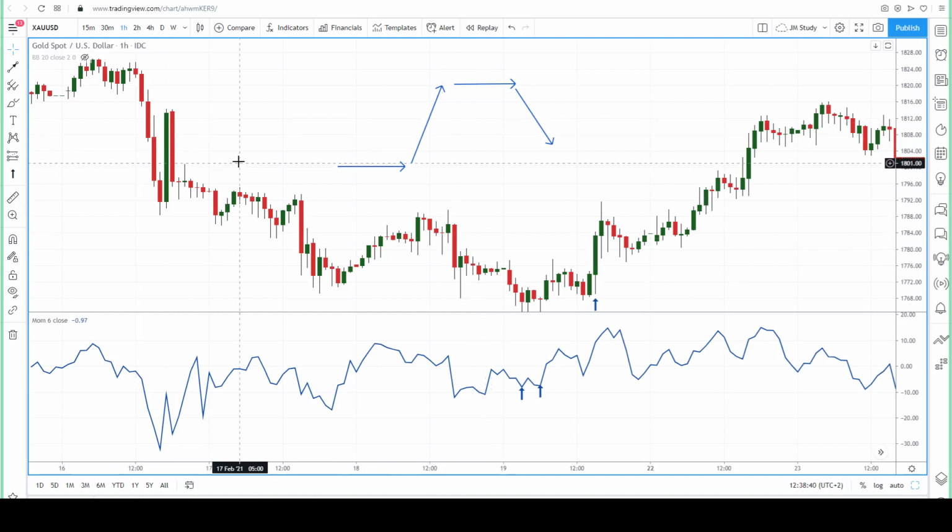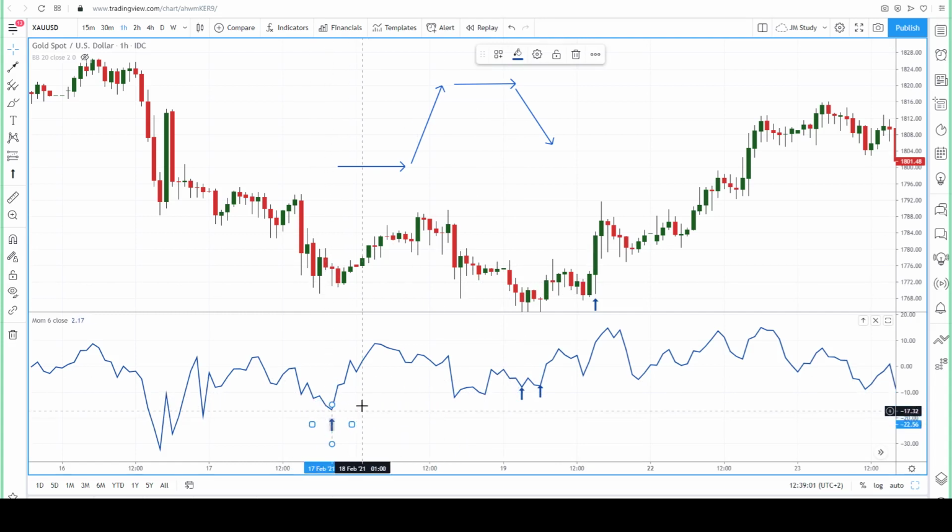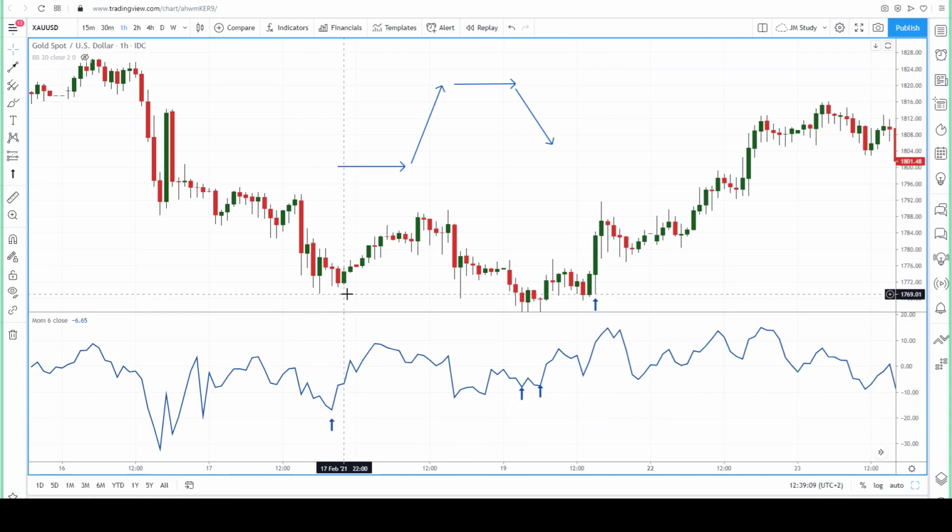So let's see. At this point, we definitely have a higher low in the indicator than we have here, and the market has been moving lower for some time. So as per this approach, we have an early indication of the market possibly moving higher, and actually it's complete here on this candle.